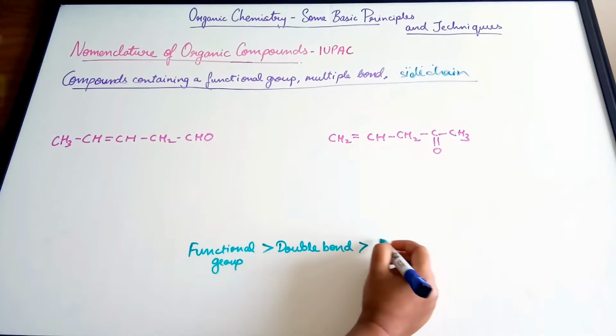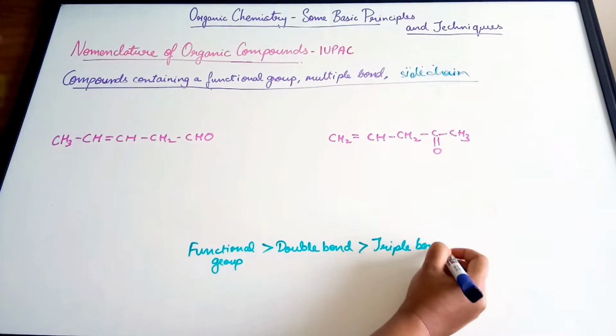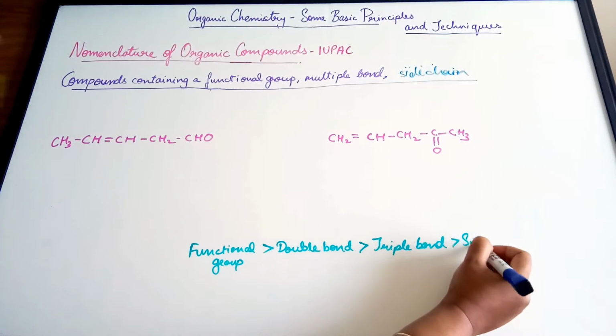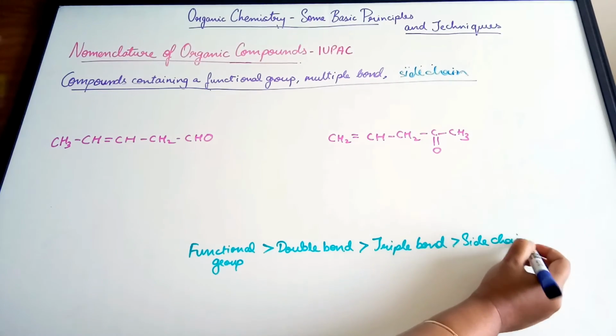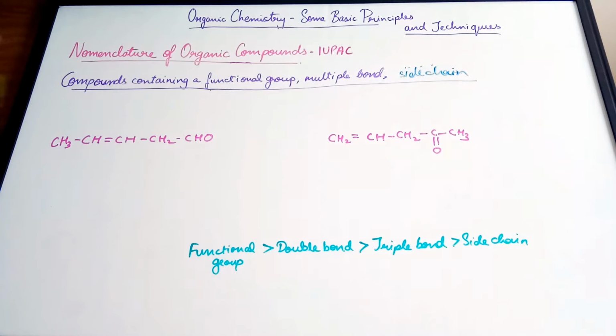So a double bond, then a triple bond, and then the side chain. Here we have two compounds which have a double bond as well as a functional group.